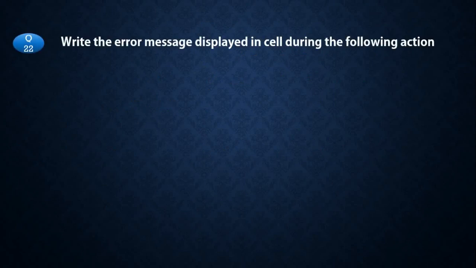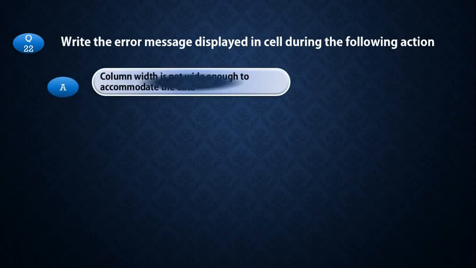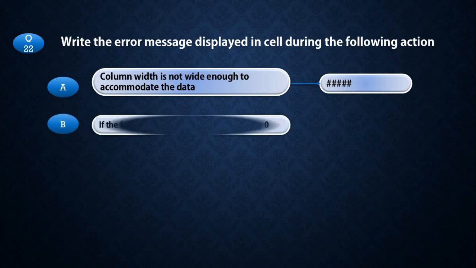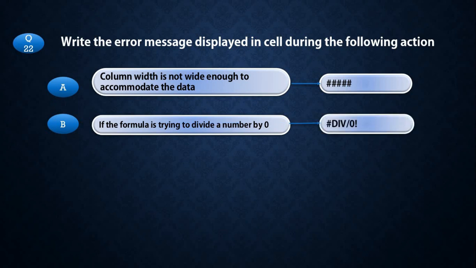The answer for this question, write the error message displayed in the cell during the following action. Your first action is, if the column width is not wide enough to accommodate the data, we get hashes displayed in that particular cell. And the next, if the formula is trying to divide a number by 0, then the error message will be #DIV/0.